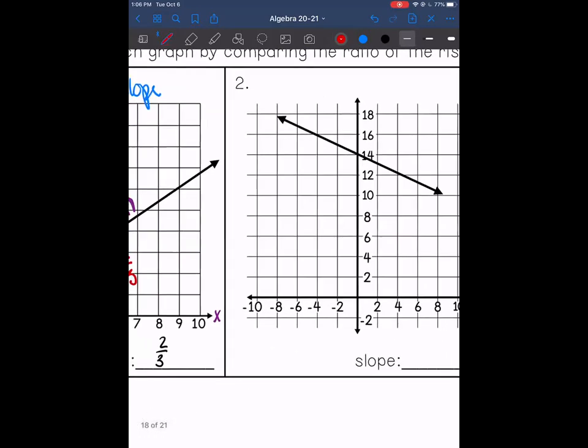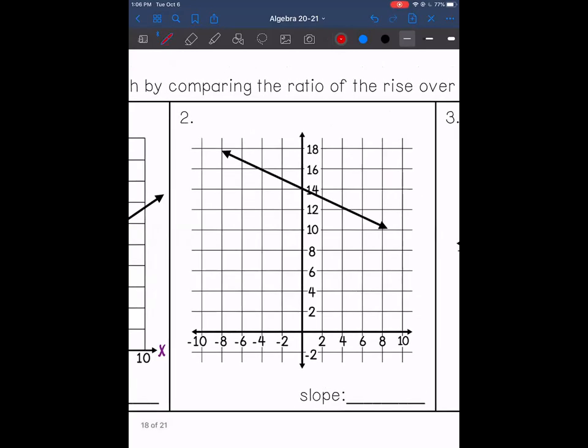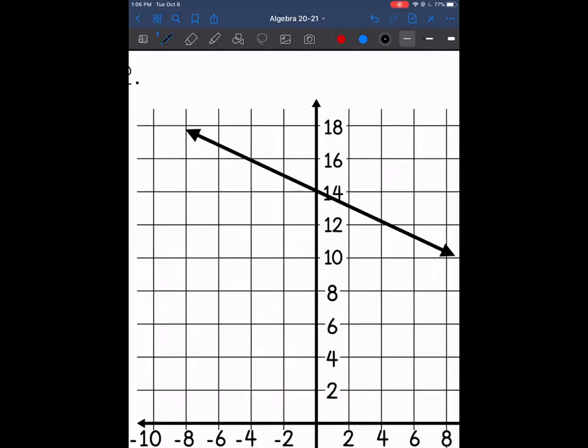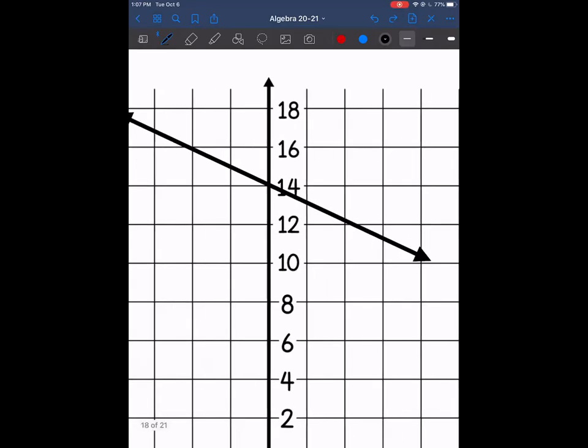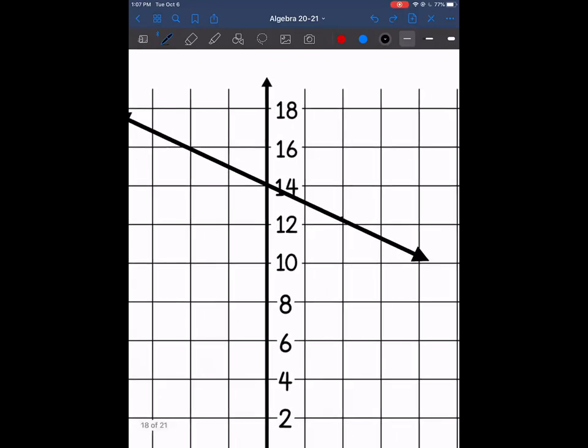Okay, looking at number 2. It's kind of hard to see where the points are. We're going to pretend that our points are here, here, and here.